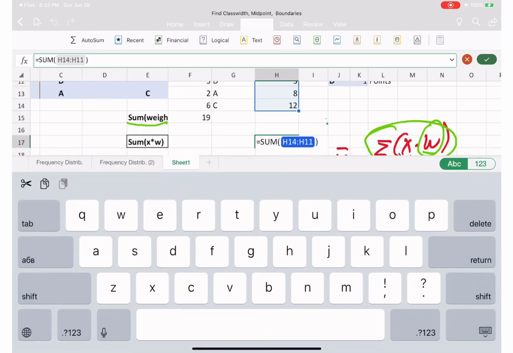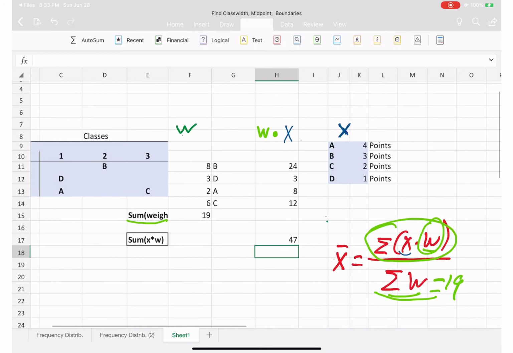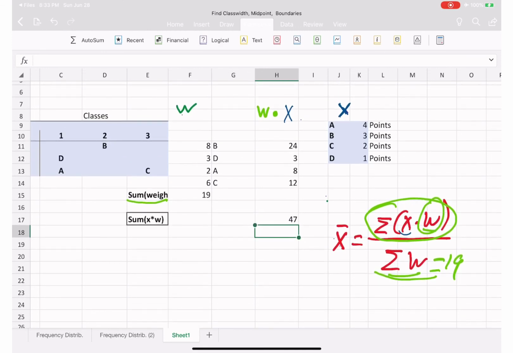So we got 47. Did we do correct? 36, 39, 47, yes.